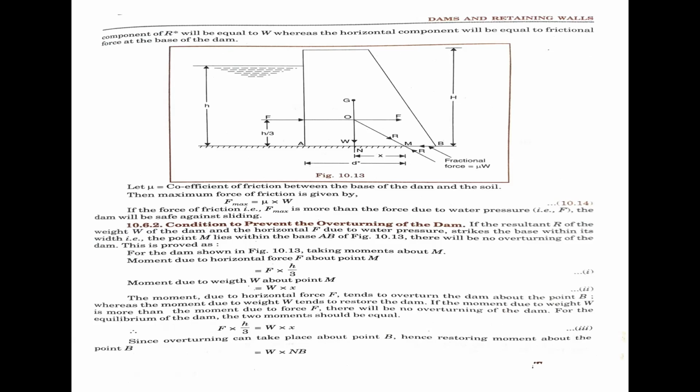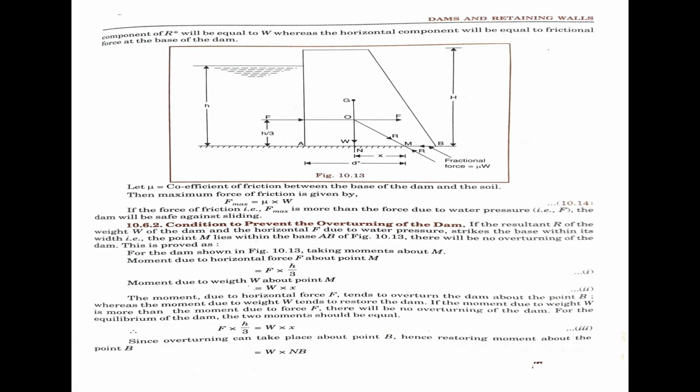Again, I will read the condition: if the moment due to weight W is more than the moment due to force capital F, there will be no overturning of the dam. For the equilibrium of the dam, the two moments should be equal.